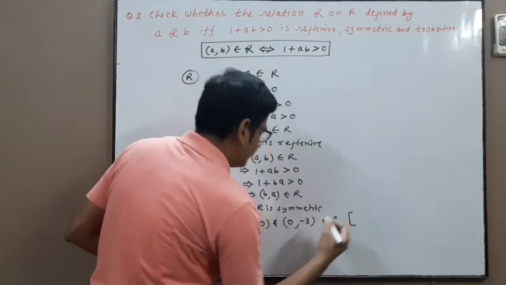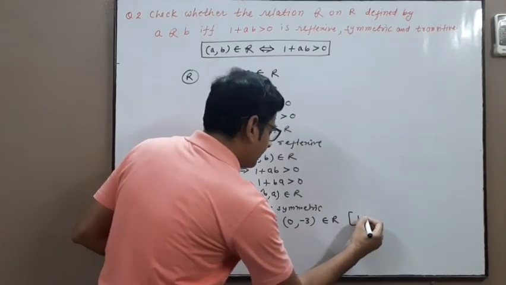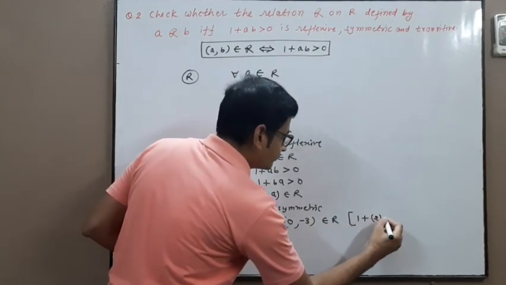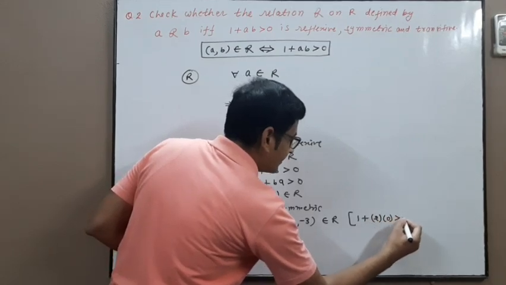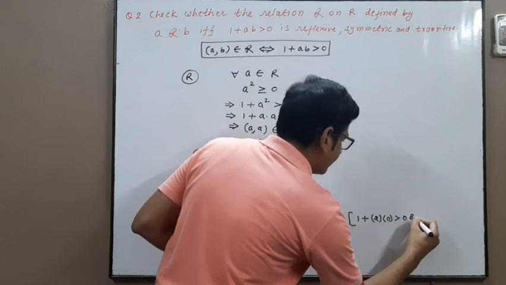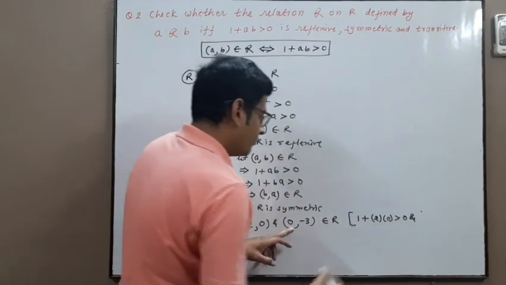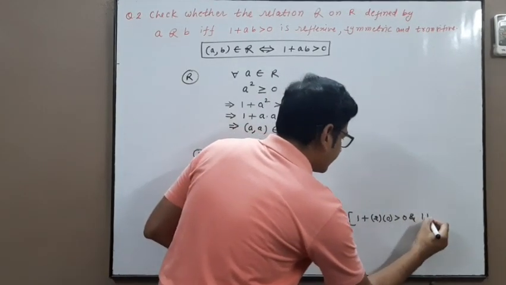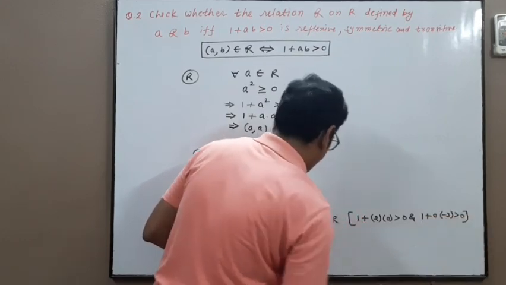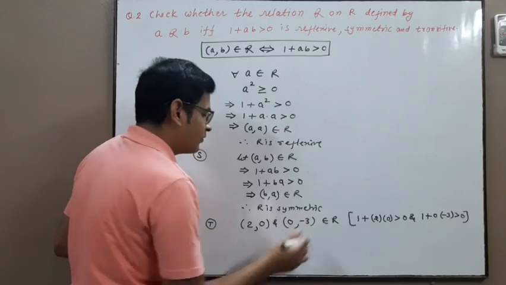Give the reason: because 1 + 2·0 > 0, and 1 + 0·(−3) > 0. So these two ordered pairs belong to relation R.